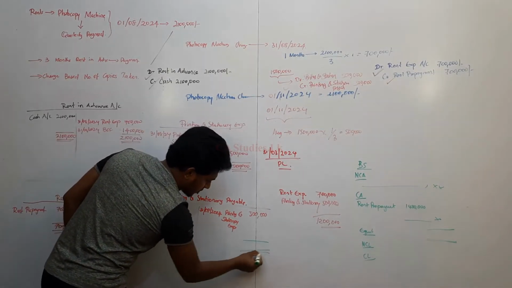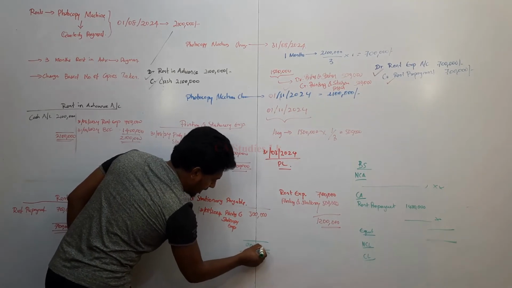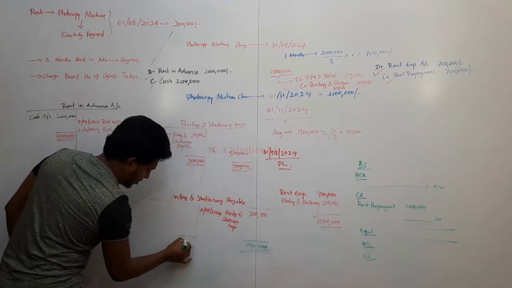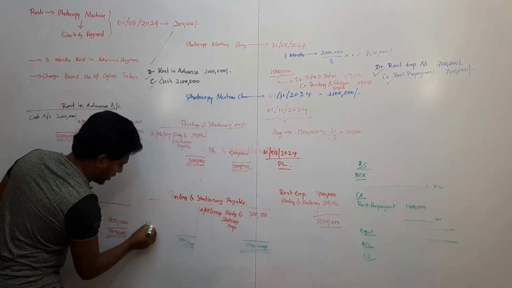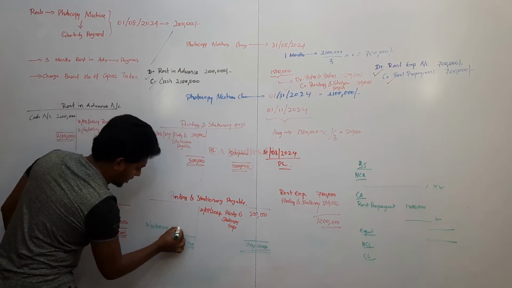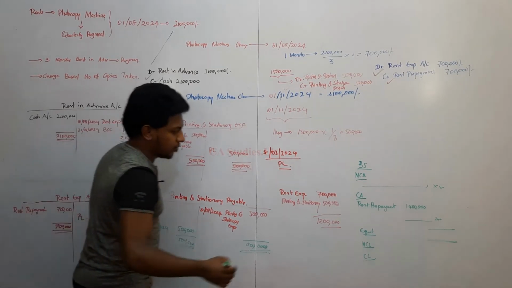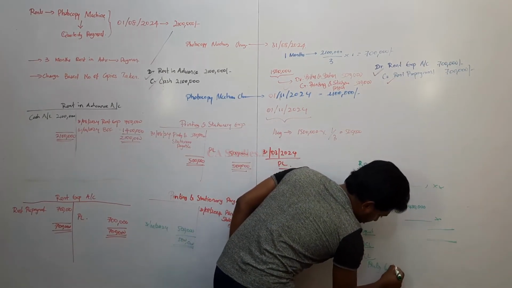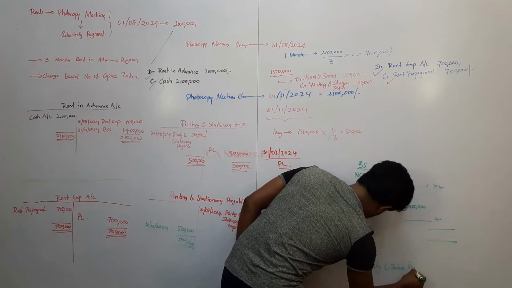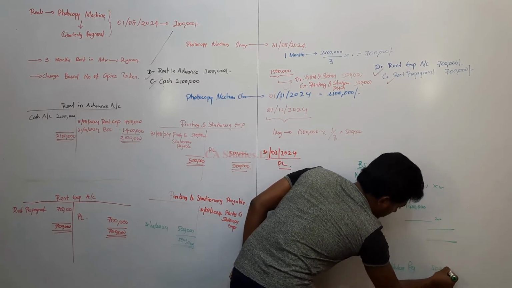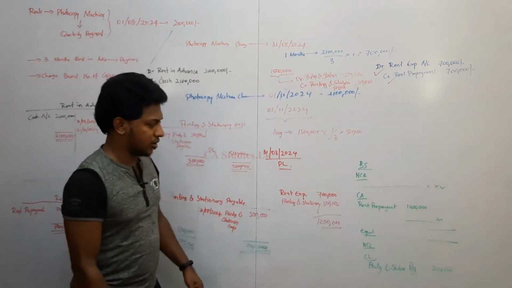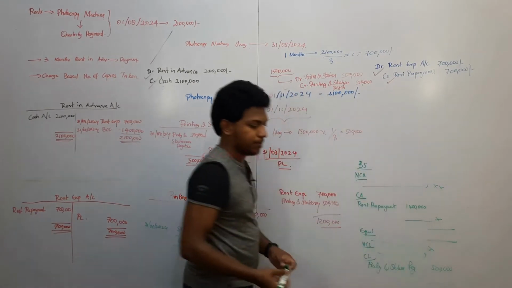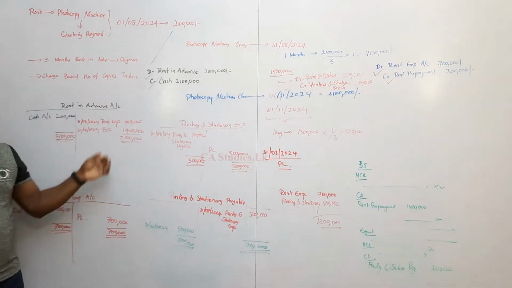It's a liability, credit side is higher. On 31st August 2024, the liability is printing and stationery payable 500,000. Right? That's all. Now we'll take the total for the year balance sheet. So this is the only one item.